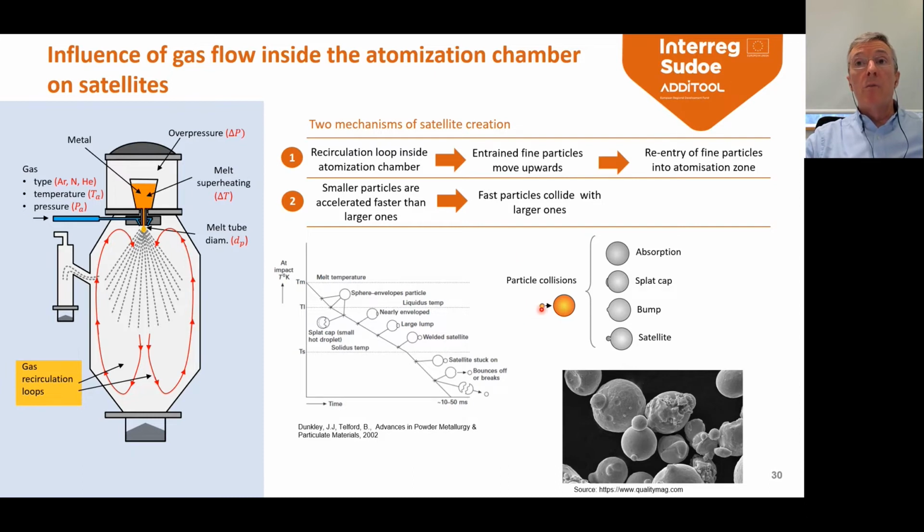So basically, smaller particles bump into larger ones, and they are either absorbed if they're in liquid state, or they can be in the form of splats or bumps or satellites. And this picture illustrates quite well all these. There are satellites, bumps, splats, etc.